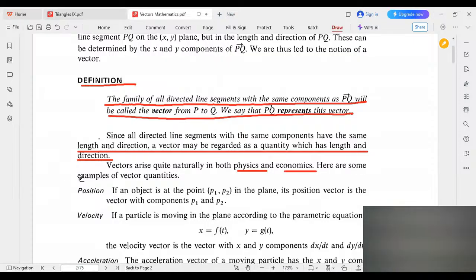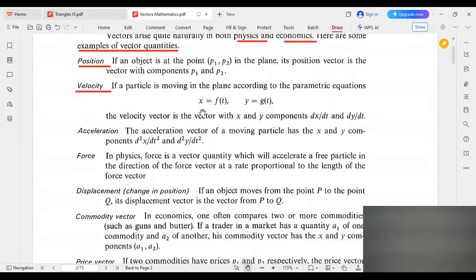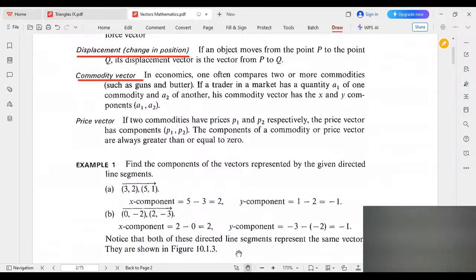Here are some examples of vector quantities: position, velocity, acceleration, force, displacement, which is also known as the change in position, commodity vector, which is from economics, and price vector.